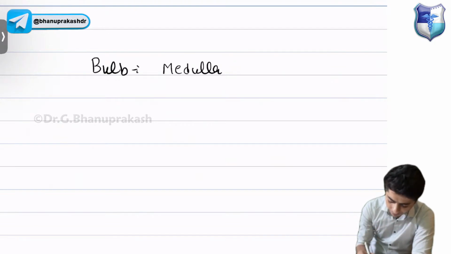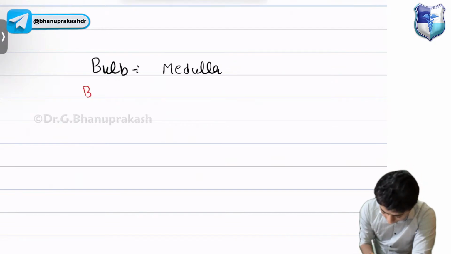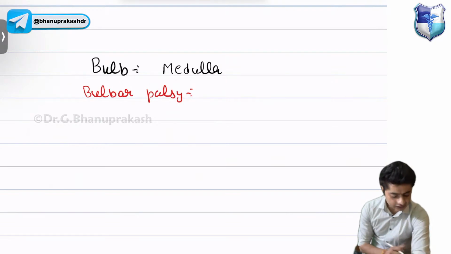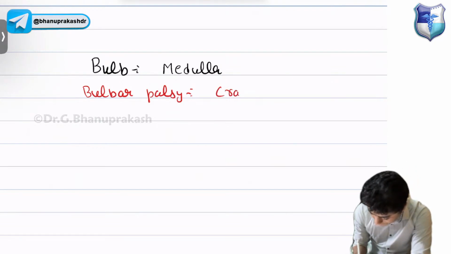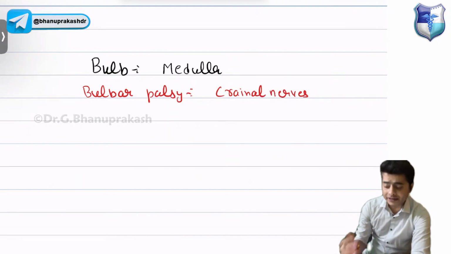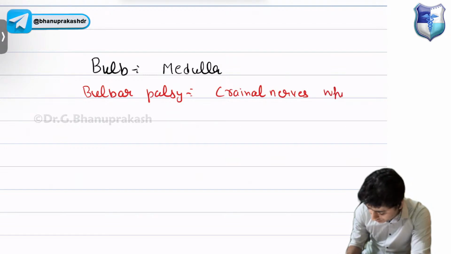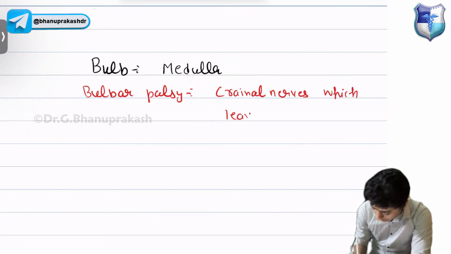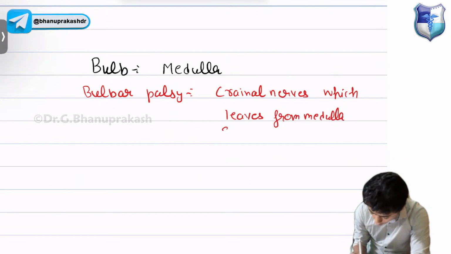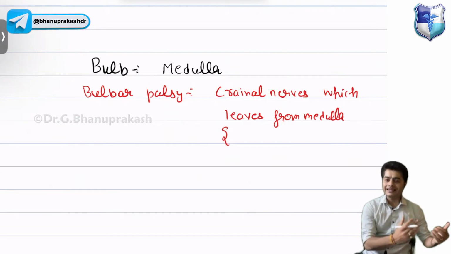And now we are studying the topic of bulbar palsy. So what do you understand by bulbar palsy? The cranial nerves which leave from the medulla, especially their motor component, because cranial nerves have both components, sensory and motor.